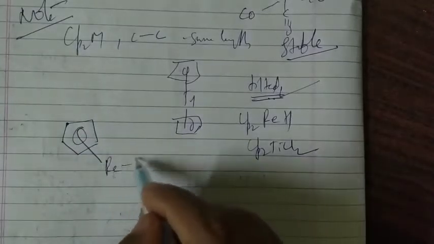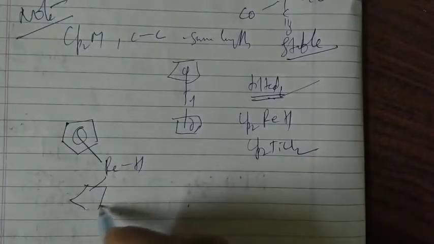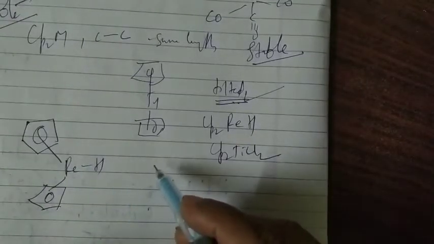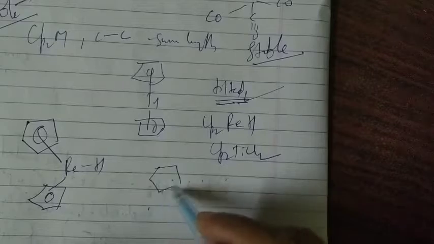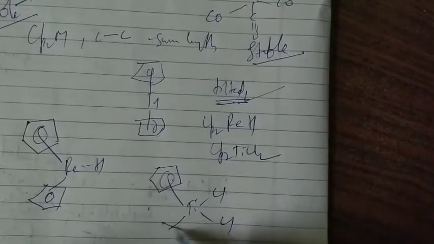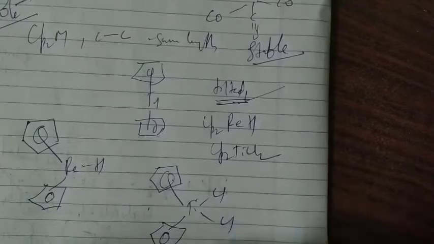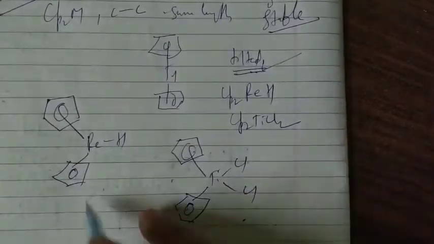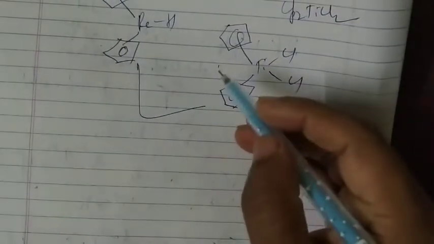So rhenium hydride like this, see here. Such tilted forms also form because of the steric hindrance or the lone pair of electrons, okay. So like this, titanium hydroxide or tantalum trihydride, such types of metallocenes are also possible whenever we see steric hindrance, okay, or more number of rings or more number of ligands.